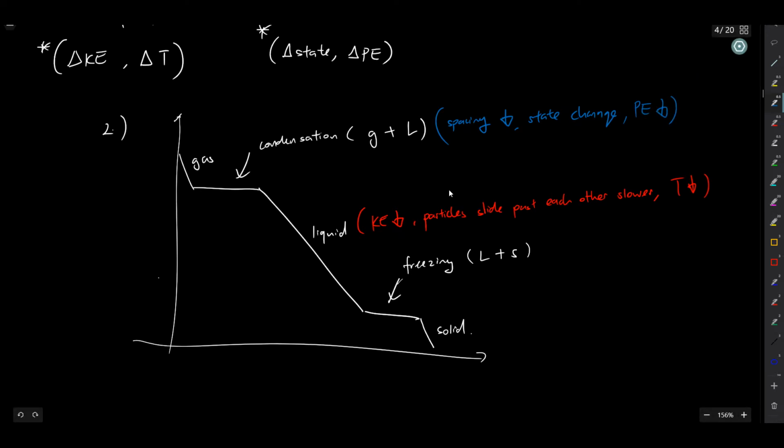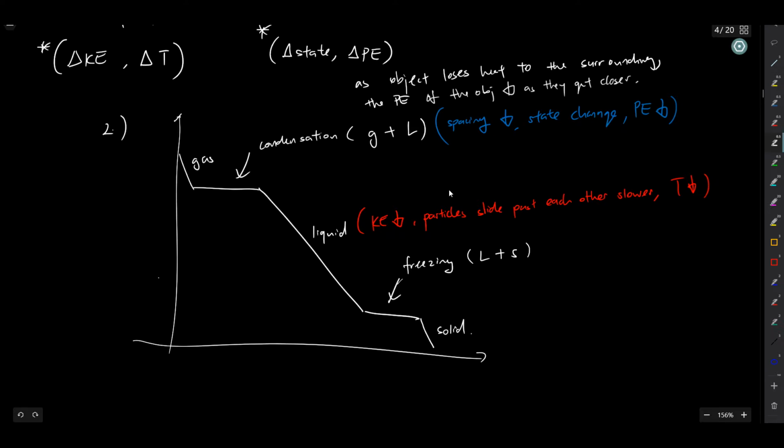Okay, so over here, how will you write your answer? I'll just write a simple one for you. As the object loses heat to the surrounding, the PE of the object decreases as they become closer.